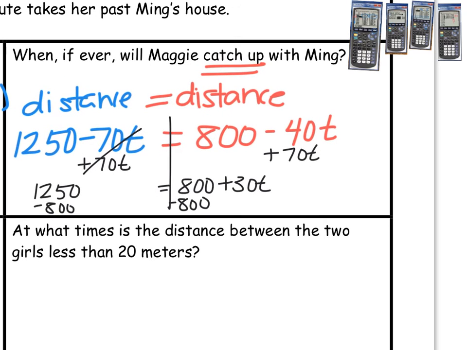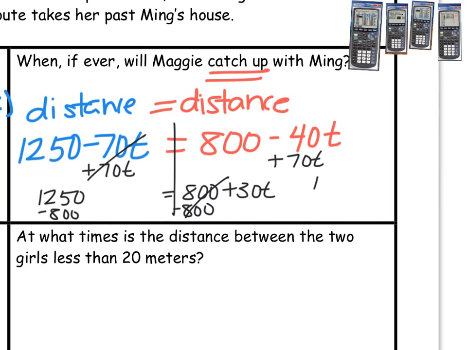They're going to cancel out over here, and what I'm left with is 450 equals 30t. Divide each side by 30, and we get 15 equals t. So that means after 15 minutes, Maggie will catch up with Ming.